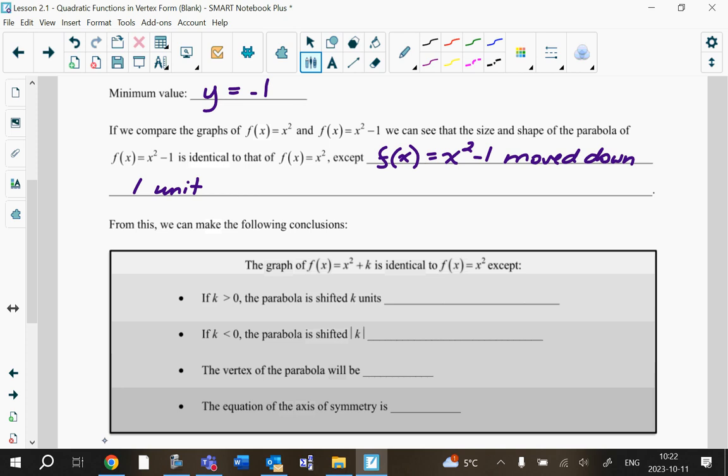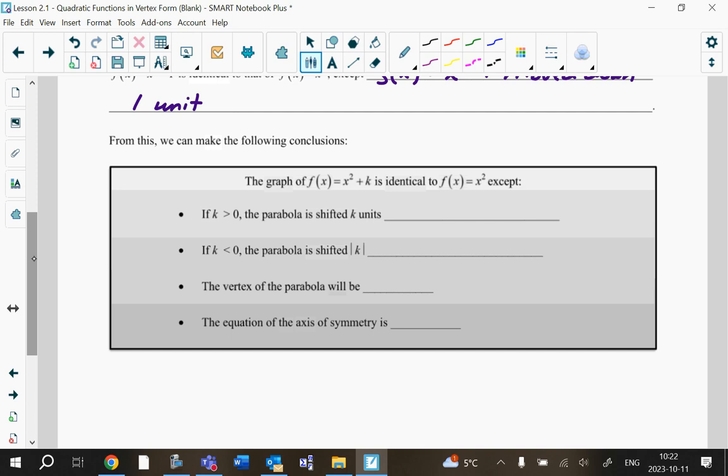It moves it up or down. If that number, k, is positive, then we shift it up, whatever the value of k is. So we shift it up k units. If it's a subtraction, or k is negative, we shift it down.